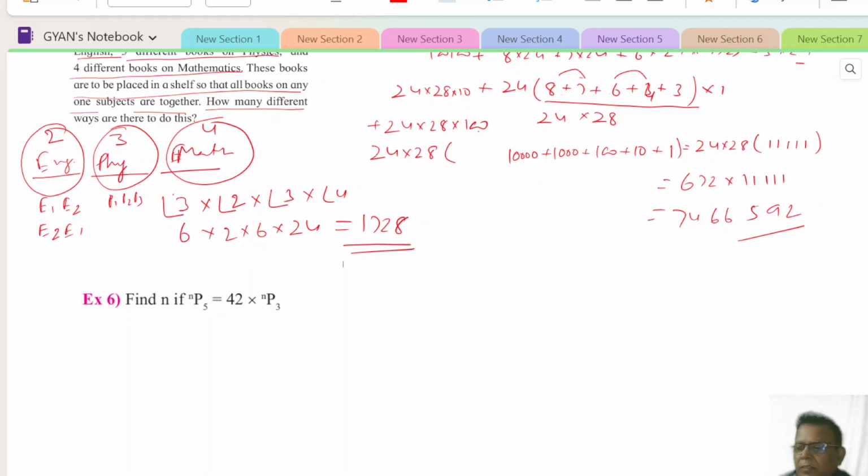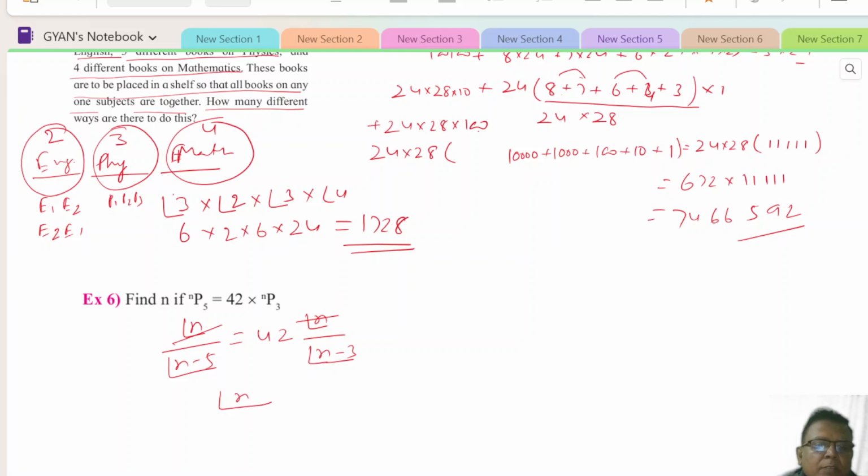Now come to the last question. So nP5 you can write as factorial n divided by factorial n minus 5 is equal to 42 times factorial n divided by factorial n minus 3. So this gets cancelled, and this is factorial n minus 3 divided by factorial n minus 5 is equal to 42.